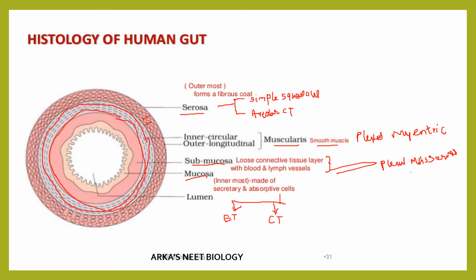The third one is the muscularis mucosa. The mucus is responsible for lubrication of food, and the goblet cells are responsible for producing mucus.